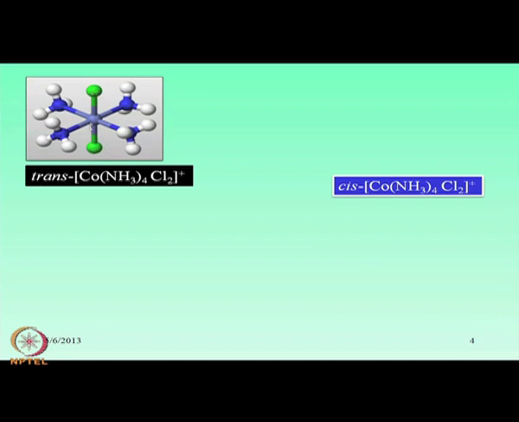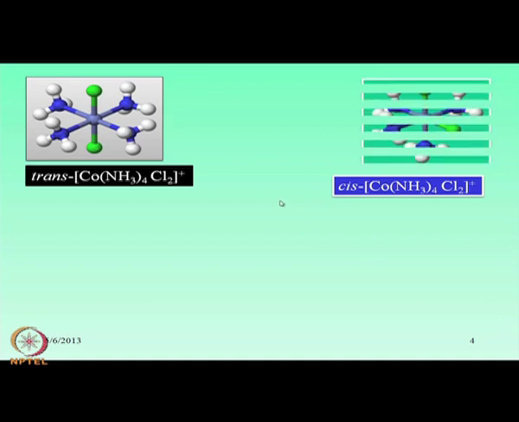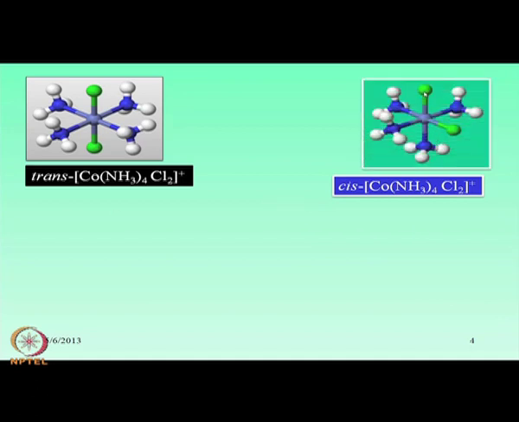The green spheres are the chlorine atoms, and the 4 NH3 molecules are in plane. This plane is a little crowded, surrounded by 4 blue NH3 groups. So you have 4 cobalt-nitrogen bonds in this square plane, and the green spheres bound to the cobalt center are the cobalt-chlorine bonds, one above the square plane and another below it. Similarly, if we consider this particular square plane, we already have a chlorine atom in it, so these two positions are important.